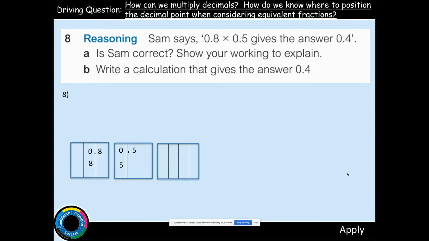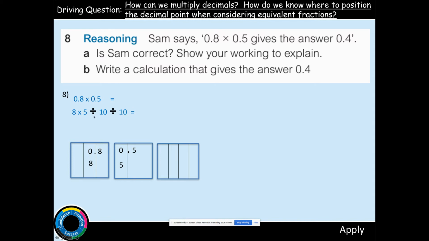Right, okay, so let's work out what 0.8 times 0.5 gives and prove whether it does give 0.4 or not. So 0.8 times 10, 0.5 times 10. Times 10 times 10 means we need to divide by 10, divide by 10, which is the same as divide by 100.